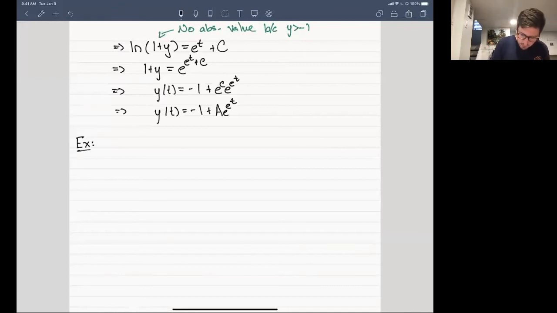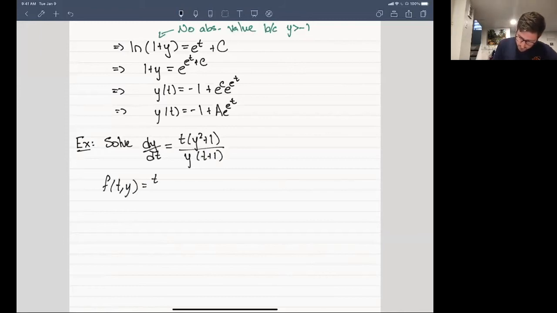Let's imagine we're asked to solve the following. We have this equation: dy/dt equals t over y times y squared plus 1 divided by y times t plus 1. Well, in this case, f of t and y is just the right-hand side.